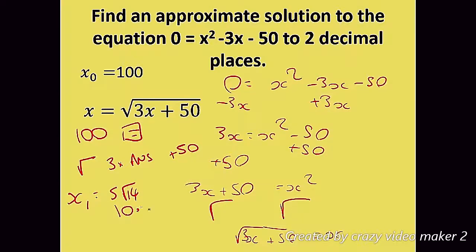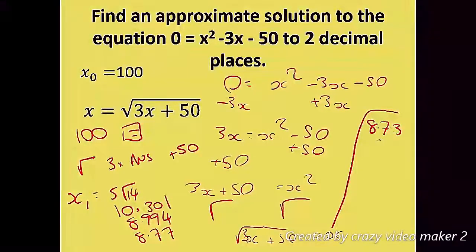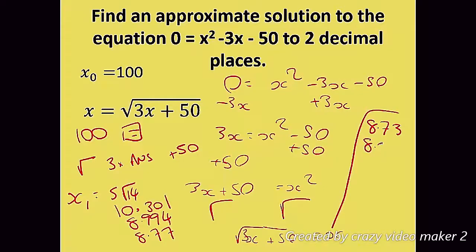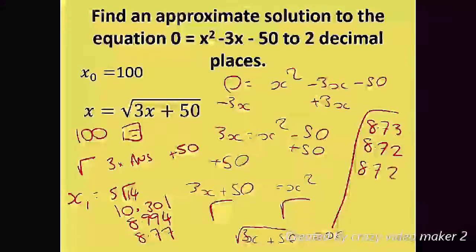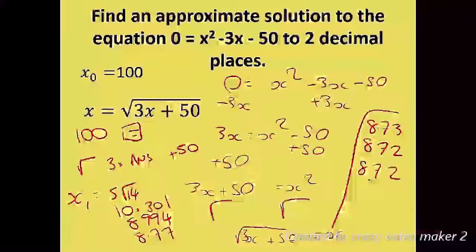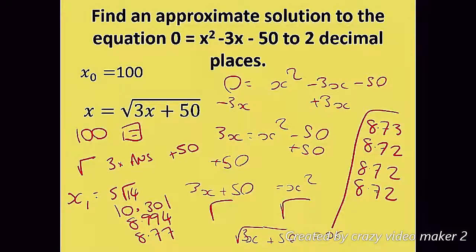Then 10.301, 8.994, 8.77, 8.73, so I'll run out of spaces, so I'll do it to the right. 8.72, 8.72, 8.72, and I'm going to say my answer now is 8.72.